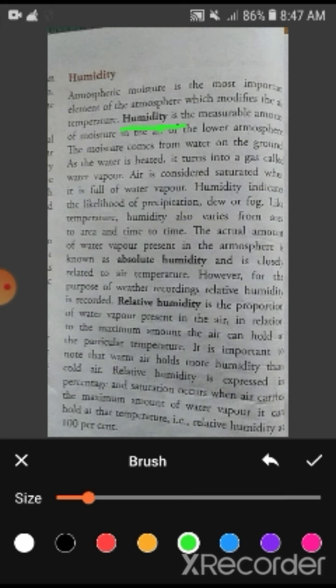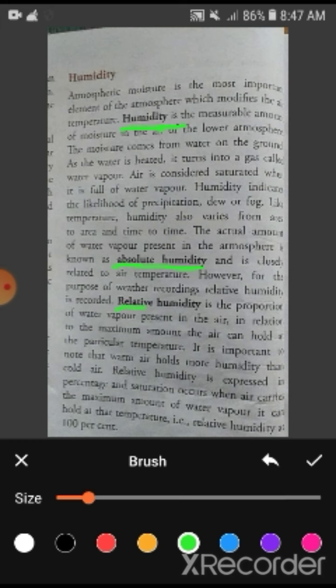The actual amount of water vapor that is present in the air is known as the absolute humidity. So absolute humidity means the actual amount of water vapor present in the air. And what is the meaning of relative humidity?